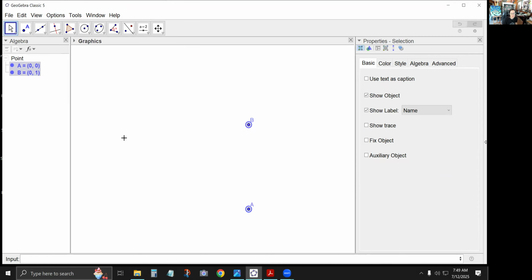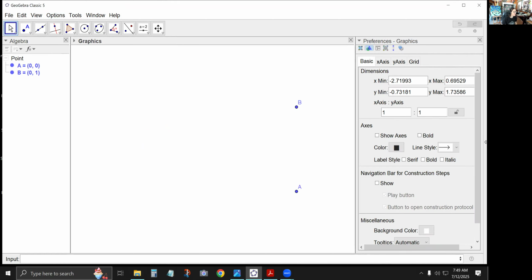All right, so the first step in the Anonymous Persian Compendium says, make angle BAG 3/7 of the right angle. So right angle is 90 degrees, and you can't take 3/7 of 90 degrees evenly. So we want to think about the right angle as being pi over 2 radians instead of 90 degrees, because we can easily take 3/7 of pi over 2 and we get 3 pi over 14.